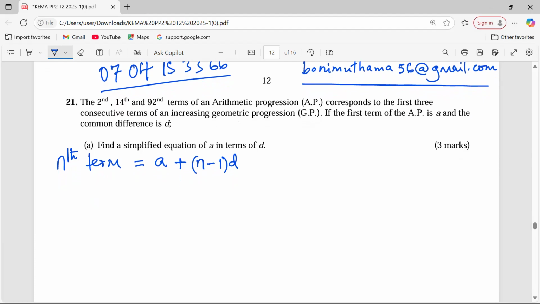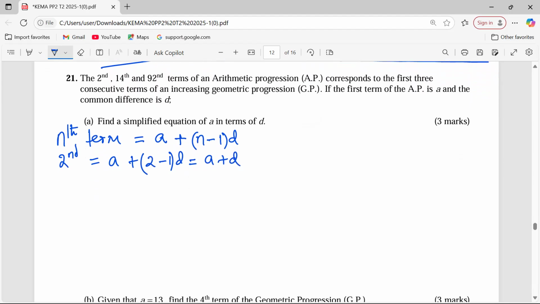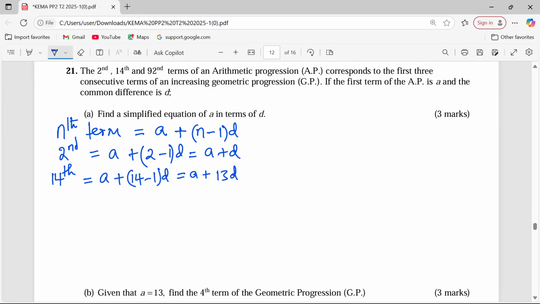Okay, so the second term shall be a plus 2 minus 1 multiplied by d. This will give us a plus d. The 14th term shall be a plus 14 minus 1 multiplied by d, which is a plus 13d.